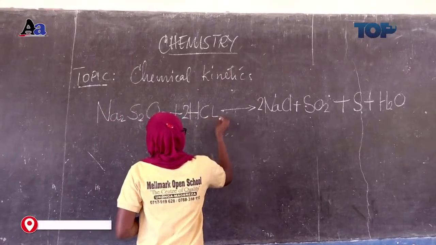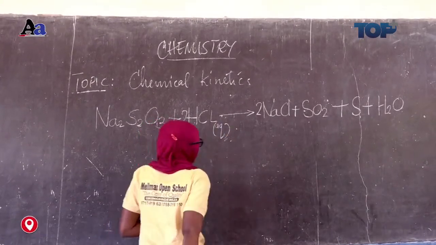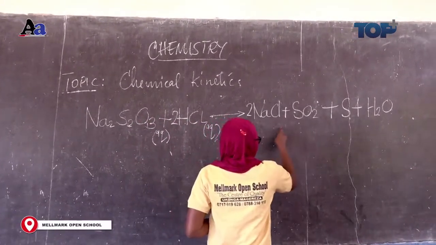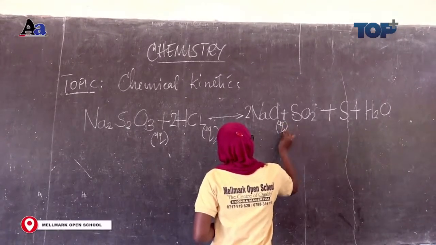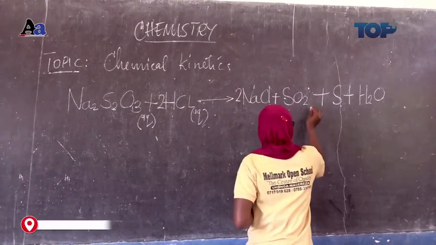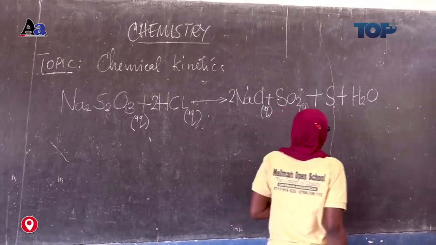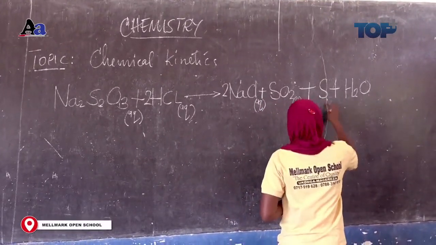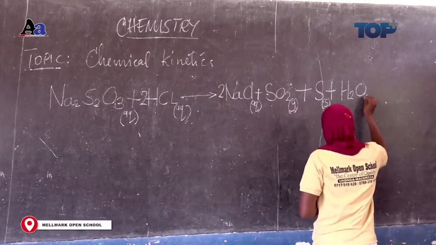Also, HCl is aqueous. Here, sodium chloride is aqueous, also known as table salt. This here is gas, sulfur dioxide. Also, we have sulfur here. This is solid. And also we have liquid water.